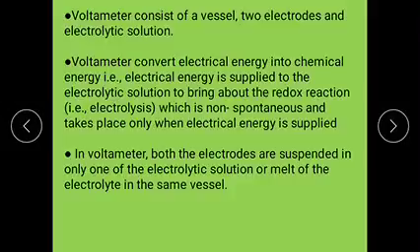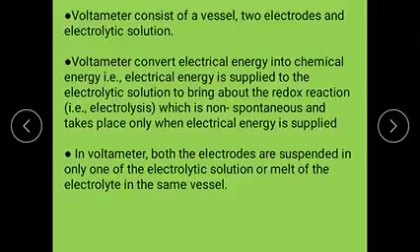That is, electrical energy is supplied to the electrolytic solution to bring about the redox reaction, which is non-spontaneous and takes place only when electrical energy is supplied.